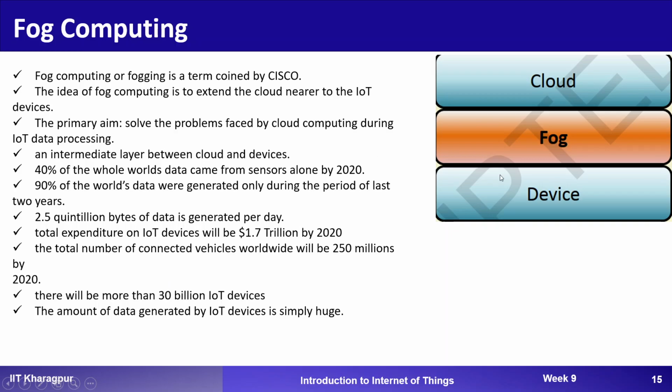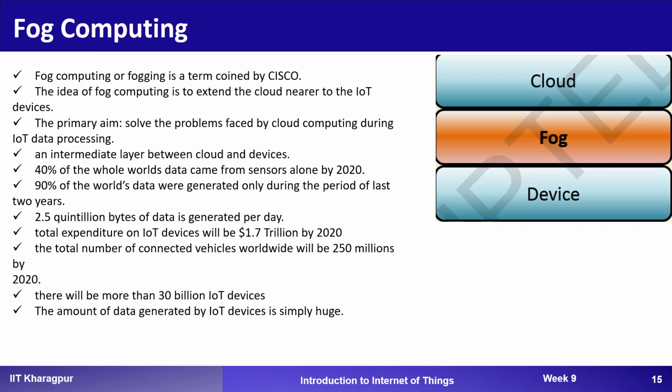If the distance between your end devices and cloud is large, then in order to access the data from the cloud, some latency will be added, and if the end devices need the data in real time, it will be difficult for your end devices to fetch the data in real time.